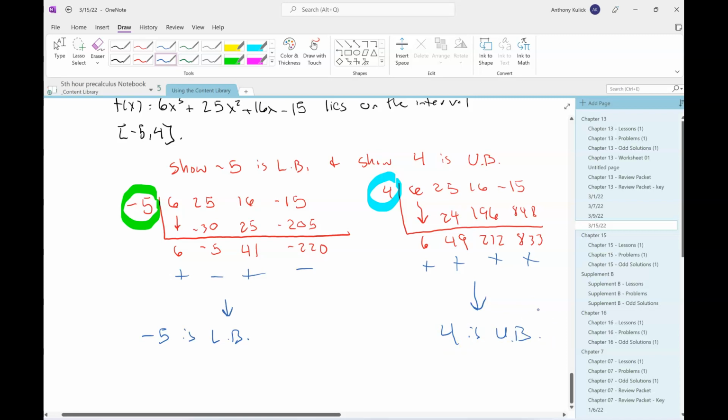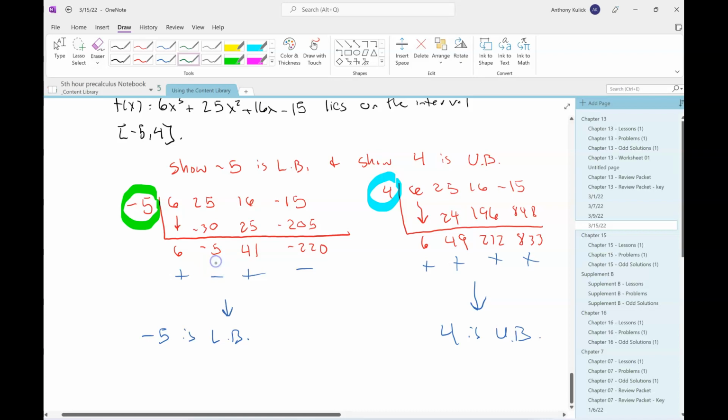Landon, so say you're doing a -5, right? And you do the positive, and that -5 is just a 5, and you made it negative. So is that not a lower bound? So Landon's saying hypothetically, if I had a 5 here instead of a -5, then this does not meet the criteria.